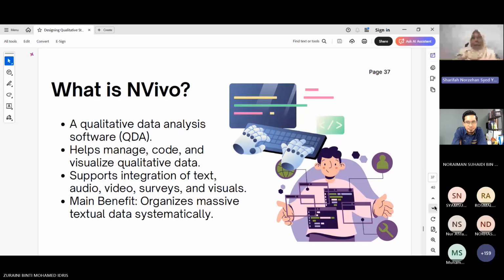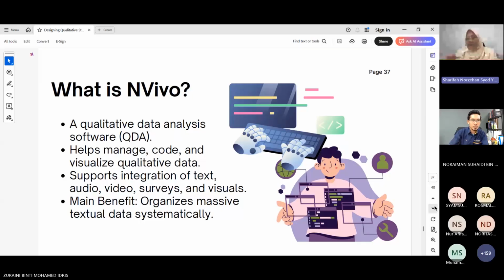This one is actually to help you manage your data, and later it helps you to integrate all the visuals or audio, whatever data that you have, and you are able to see it and connect them easily when you have software. But it actually helps you to manage your data.